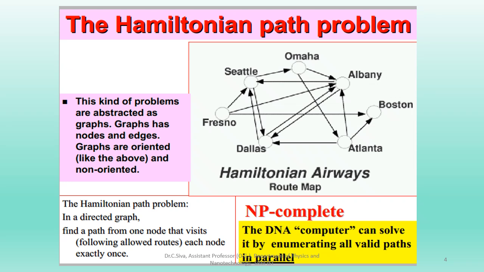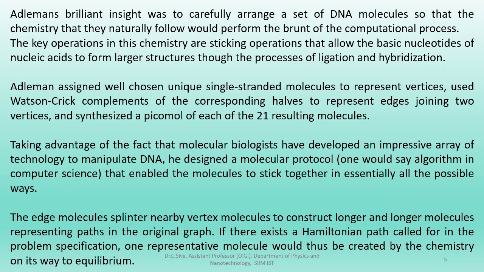A small picomole quantity of each molecule was synthesized, and the chemistry allowed strands to join in every possible combination, producing longer DNA strands that represented possible paths of a graph.